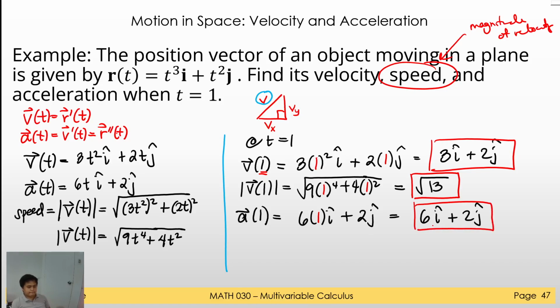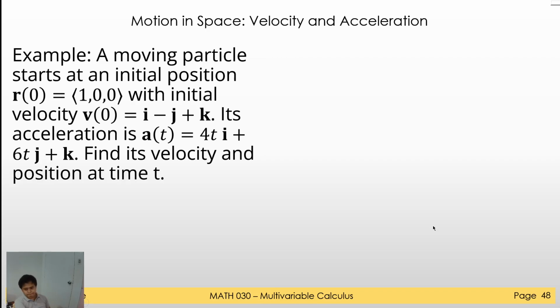Okay, that's it. It is that simple, really. Okay, next. So last problem. A moving particle starts at an initial position r of 0 equals 1, 0, 0 with initial velocity i negative j and k. Its acceleration a of t is t i plus 60j plus k.